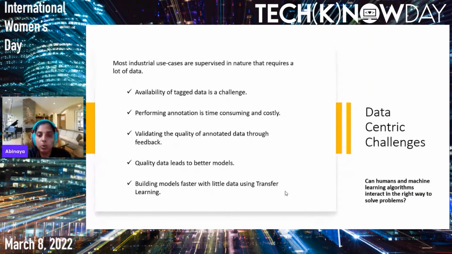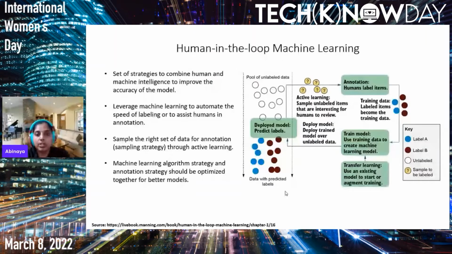But how do we make sure we use machine learning in assisting humans to solve these problems in the right way? That's where human in the loop machine learning comes into the picture. So basically, human in the loop machine learning is a set of strategies that is used to combine human and machine intelligence so that model accuracy can be improved.